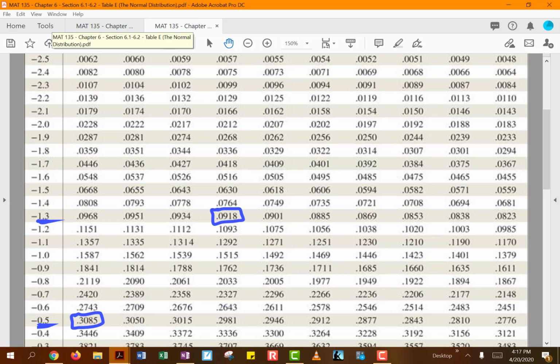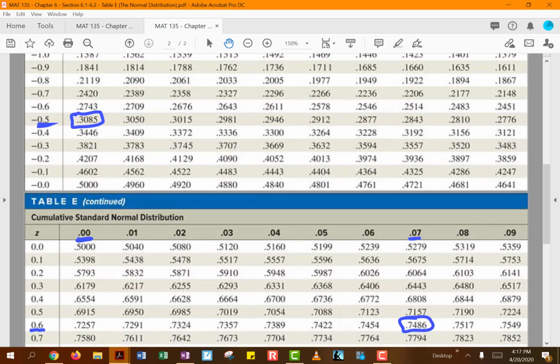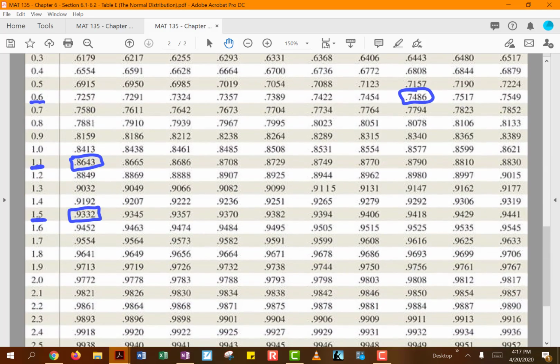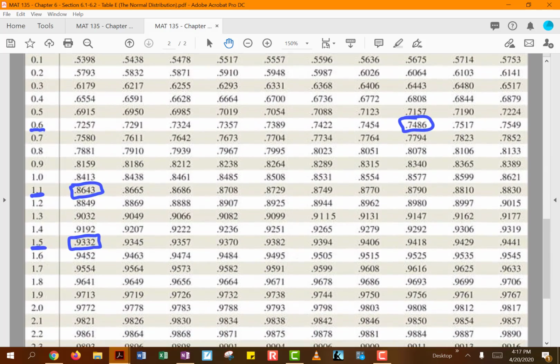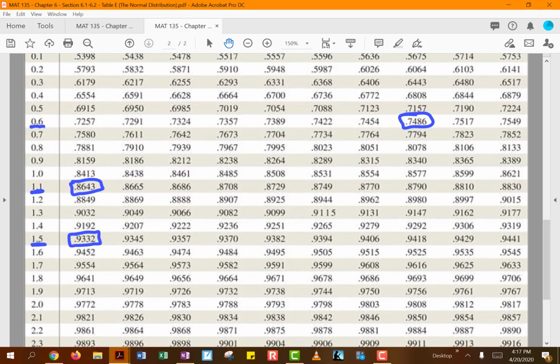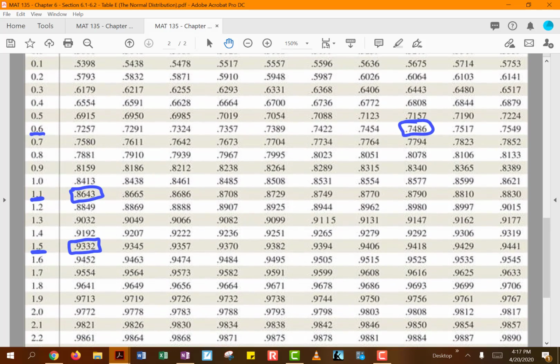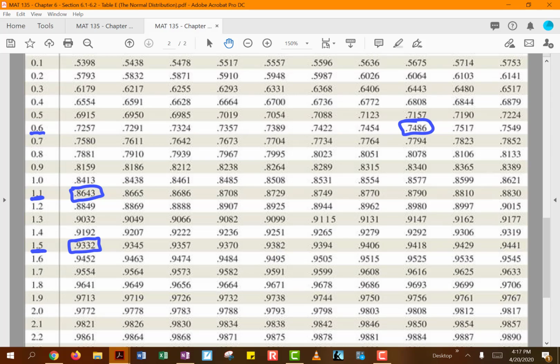So let's go to our table, and we're trying to find something close to 90% or 0.9000. Okay, so we are looking at about 0.8997 and 0.9015. So 0.9000 or 90% would fall between these two values.